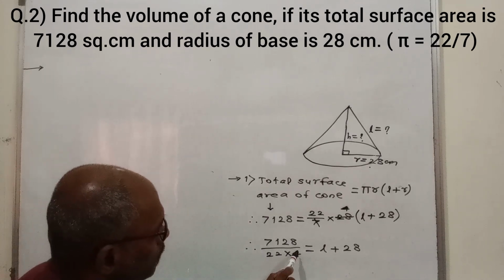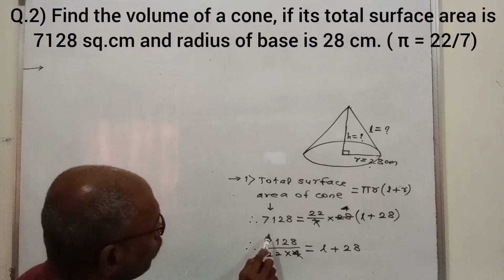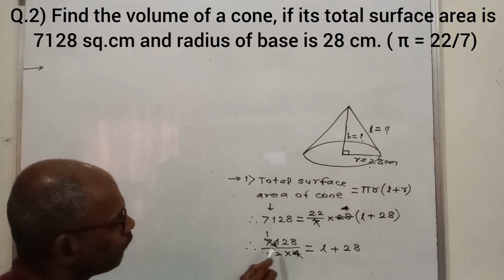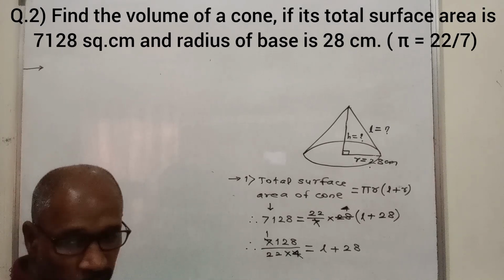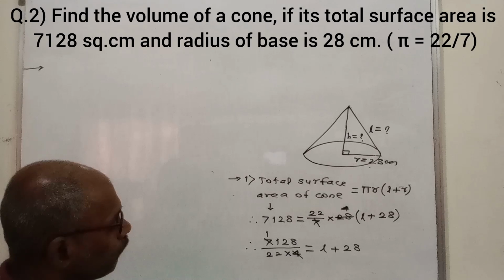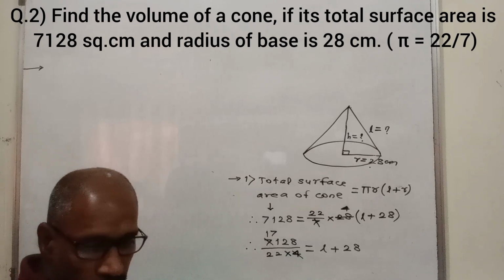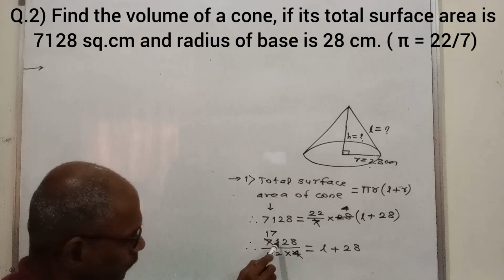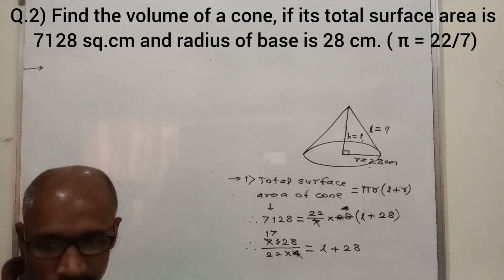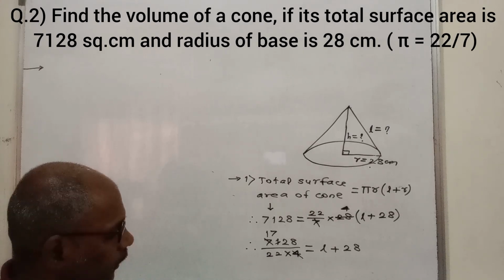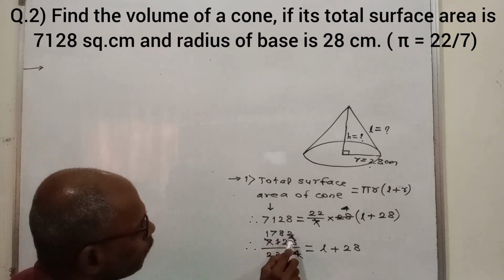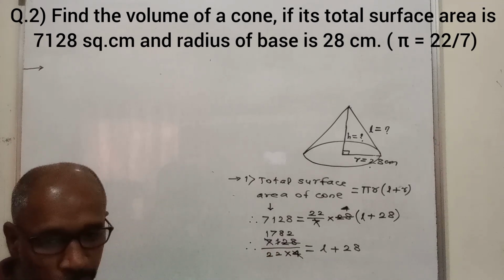Now division. 4 ones are 4, 7 minus 4 means 3, 31. 4 7s are 28, 31 minus 28 means 3, 32. 4 8s are 32 and 4 2s are 8.